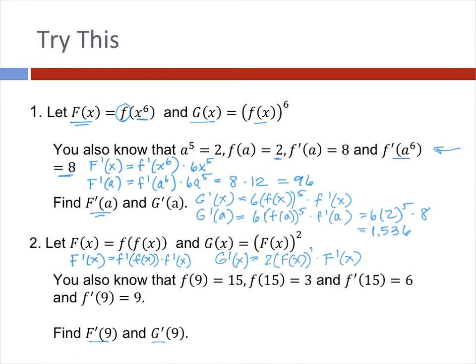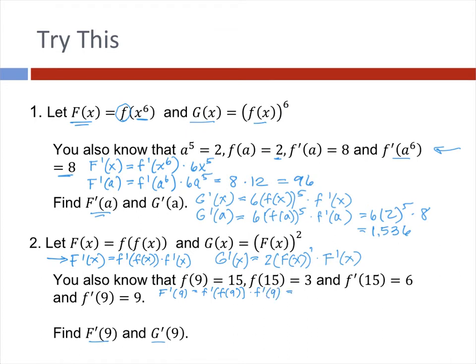Now we want to find F prime of 9 and g prime of 9. So let's go ahead and get started. F prime of 9, we know that F prime of x equals f prime of f of x times f prime of x. So let's go ahead and plug 9 in there, and we get F prime of 9 equals small f prime of small f of 9 times f prime of 9.